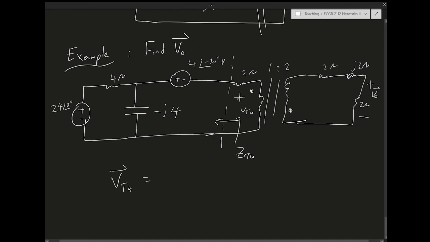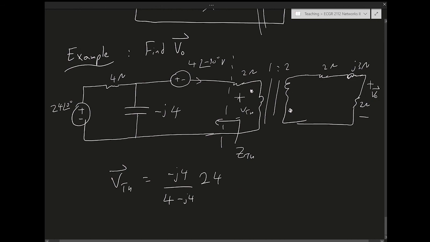Well, there's no current flowing here, right? Because I opened up the circuit, right? So V Thevenin is going to be a voltage divider between this cap and this resistor. So it's going to be minus J4 over 4 minus J4 times 24, right?